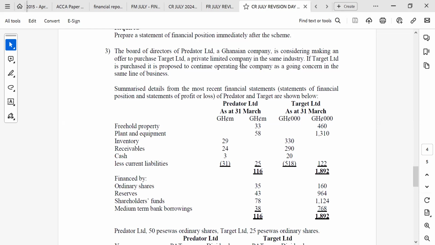If Target Limited is purchased, it is proposed to continue operating the company as a going concern in the same line of business. Summarized details from the most recent financial statements, statements of financial position and statements of profit or loss of Predator and Target are shown below.